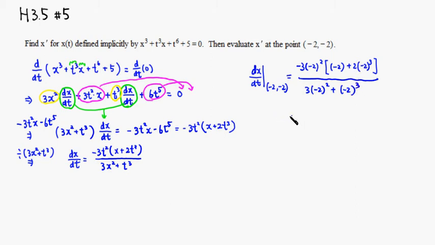So you have -3 times 4, which is -12, times (-2 plus -8 times 2), so -2 minus 16, which is -18.